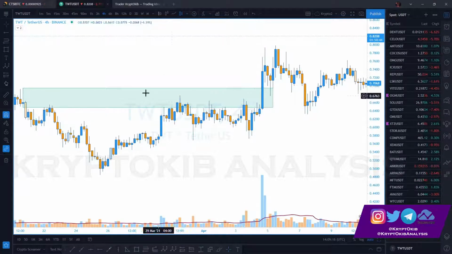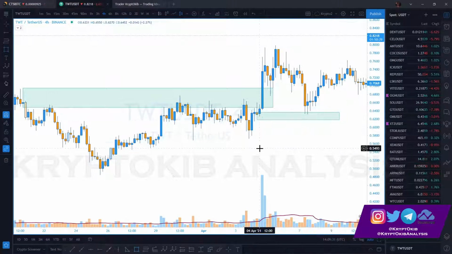That means this supply here is huge, and for this supply to be taken out by this candle, there is a great amount of demand coming into the market, which made this particular red area a very good zone to trade. We will talk about that when we talk about level to level.